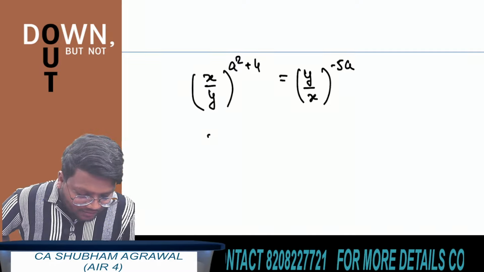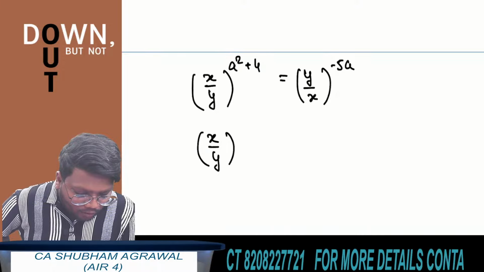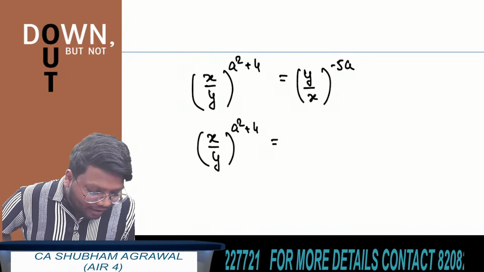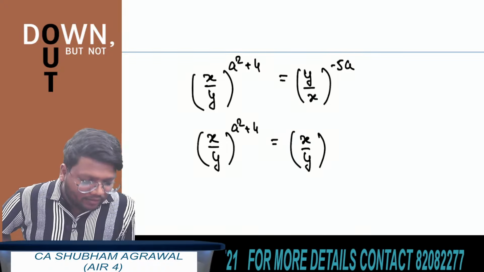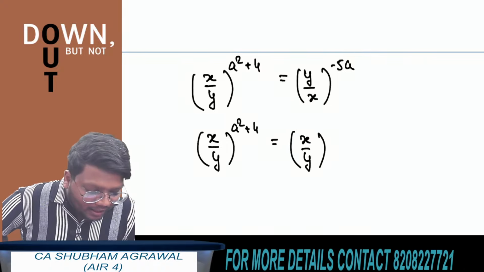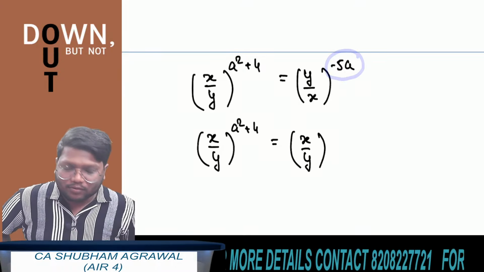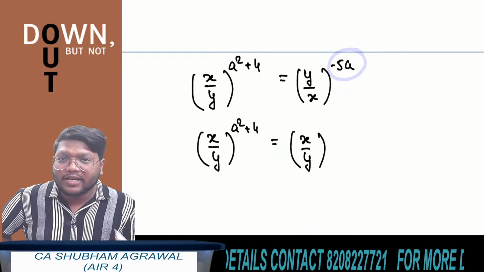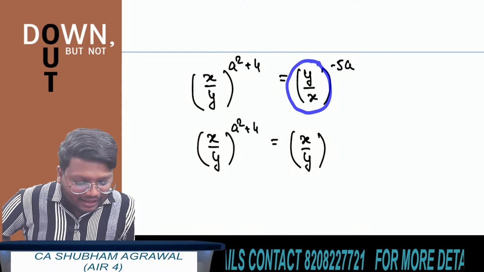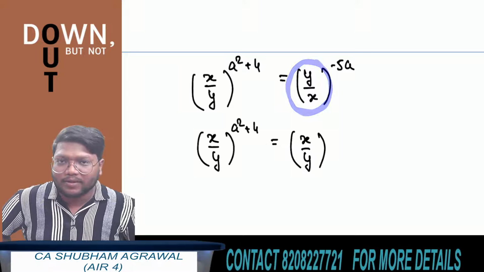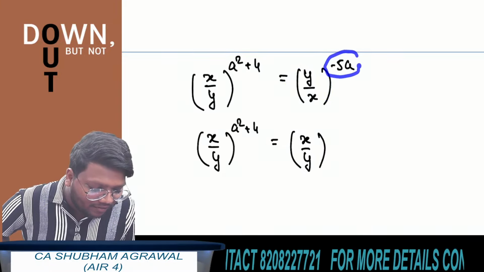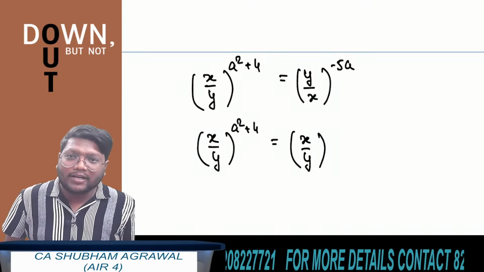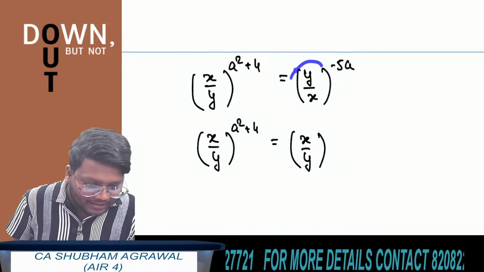So we can write it this way: (x upon y) whole to the power a square plus 4 is equal to... We know that if the power is negative, then in order to make this power positive, you can take the reciprocal of the base. Here the power is minus 5a. In order to write the power as 5a, we have to take the reciprocal of the base.